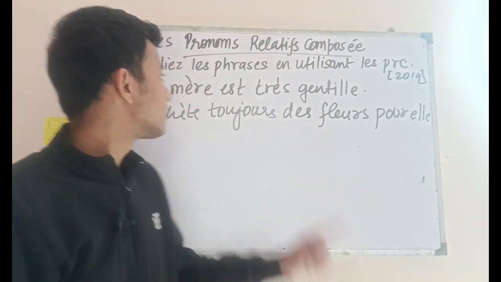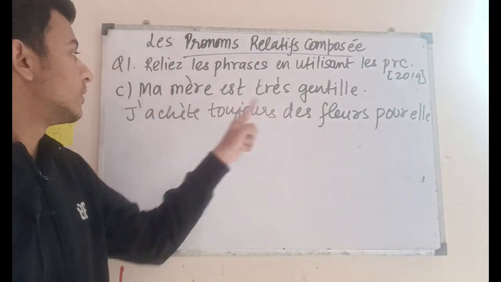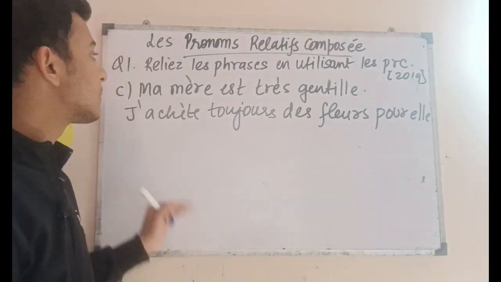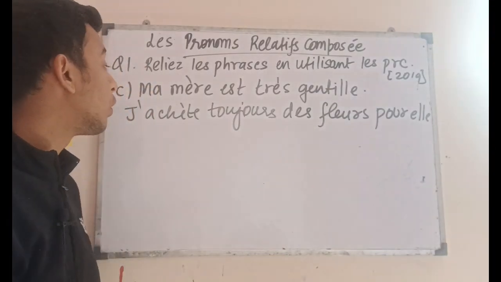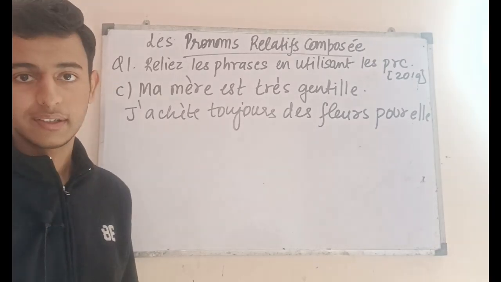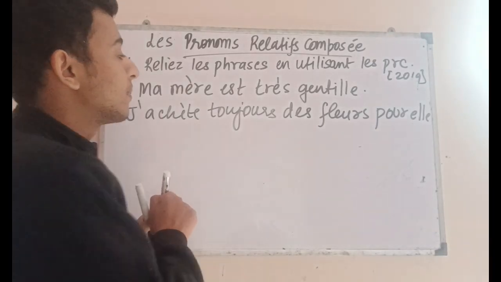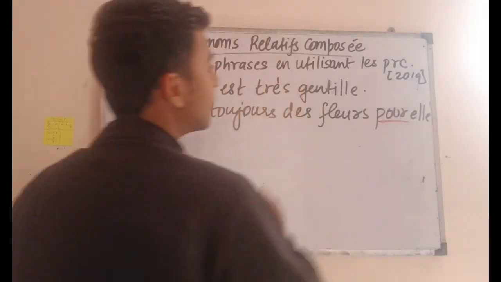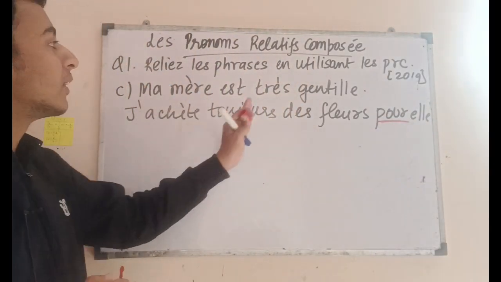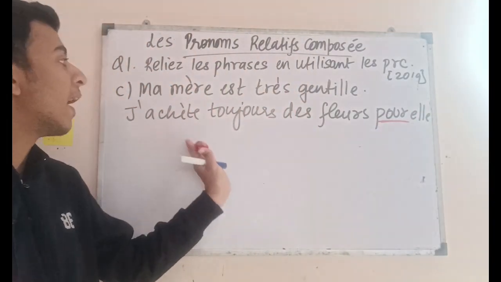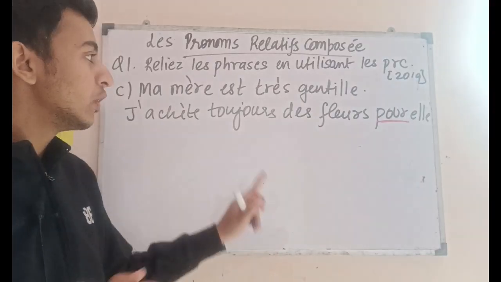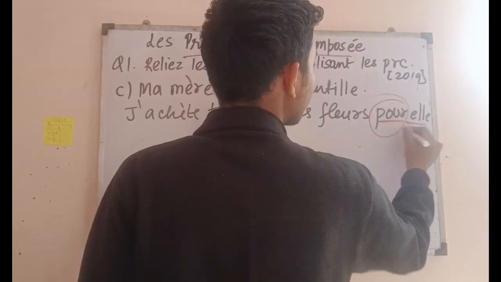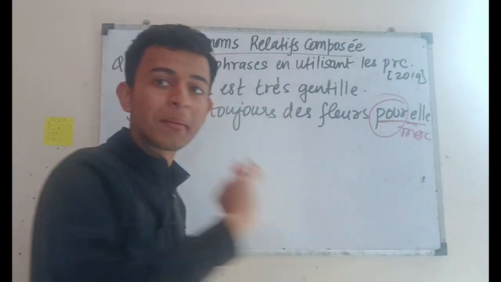The third statement says, ma mère est très gentille, j'achète toujours des fleurs pour elle. Which means my mother is very gentle, I always buy flowers for her. So the preposition over here is pour, for her. So pour is going to be the preposition, and since elle is mother, mother is not plural, right?